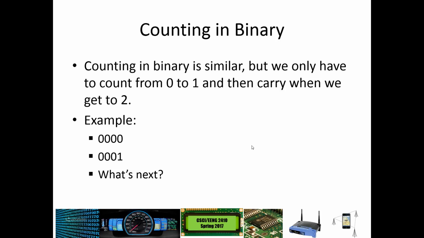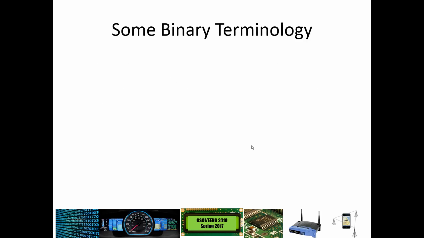So if we were to use 4-bit binary, our first value 0000 would represent 0, then 0001 would represent 1. So what would come after that? Well, you'd have to carry out, and so you would have 001, and then you would 0 out on the rightmost bit there. So it would be 0010, and then you would have 0011, 0100, etc.